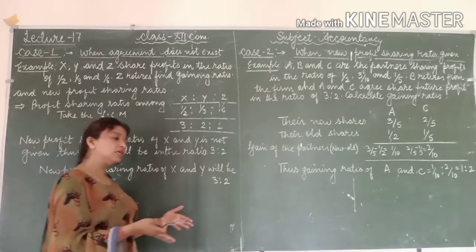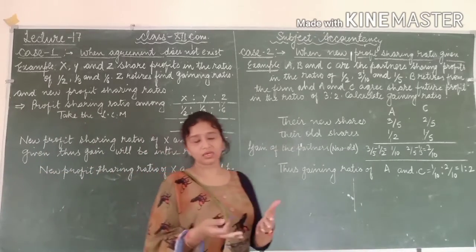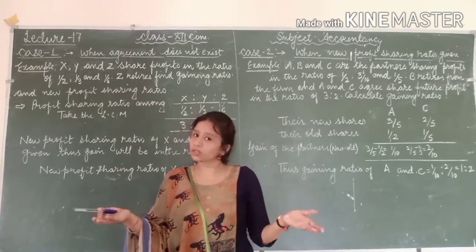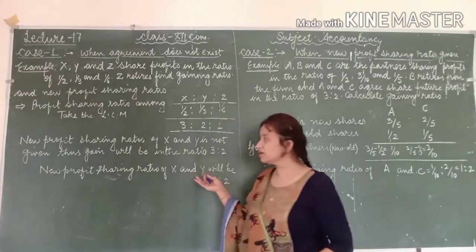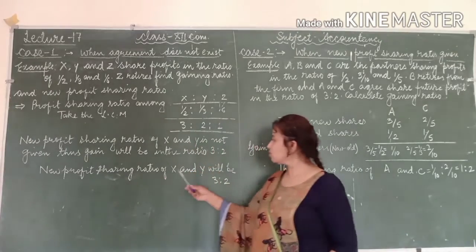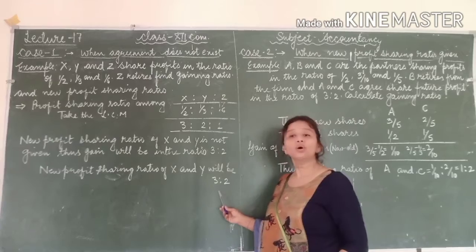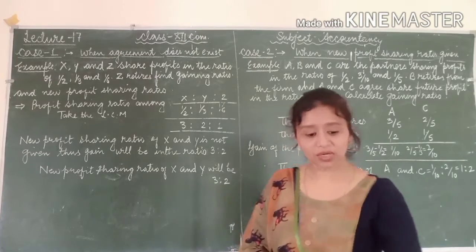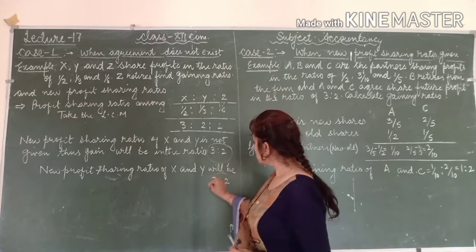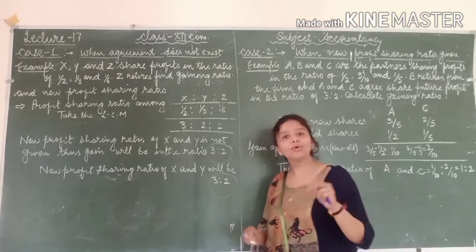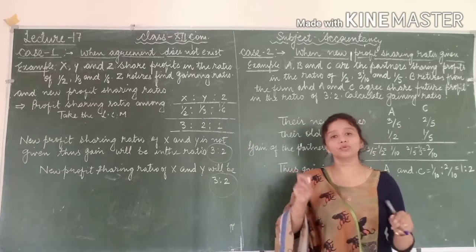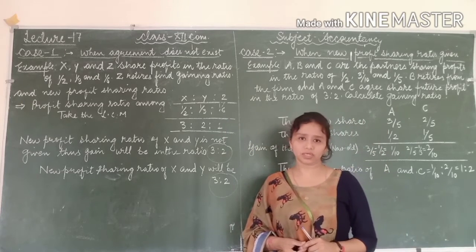Now the profit sharing ratio and the gaining ratio will be the same when nothing is given, when the new profit sharing ratio is not given. So here the new profit sharing ratio of X and Y will also be 3:2. It means the gaining ratio and the new profit sharing ratio will both be the same if the new profit sharing ratio is not given in the question.